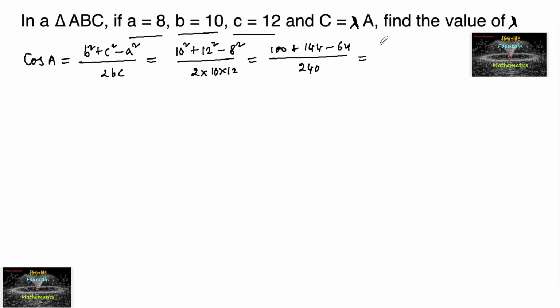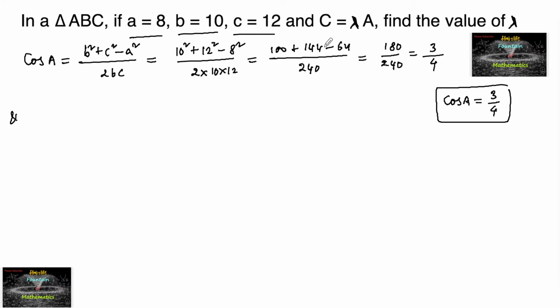So 244 minus 64 will get here 180. So 180 upon 240, we can write 3 upon 4. So we got cos A is equal to 3 upon 4. Let us write separately here, cos A is equal to 3 upon 4.